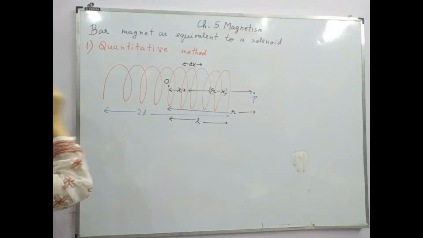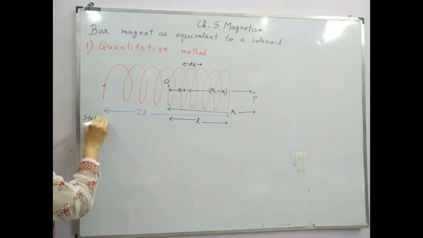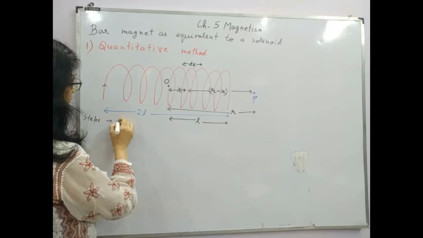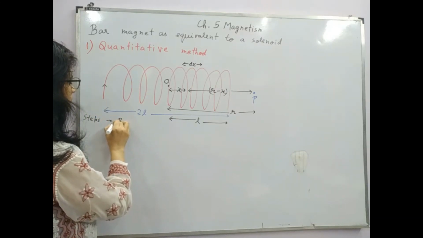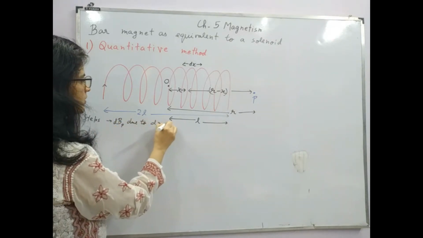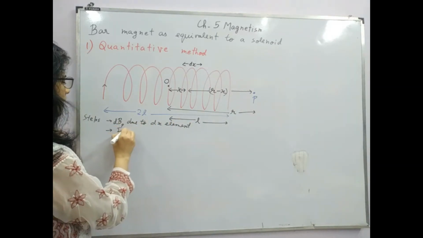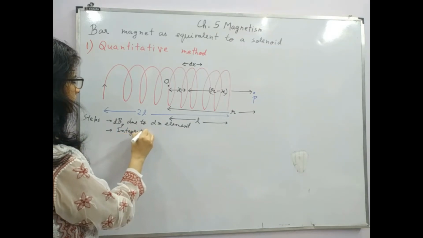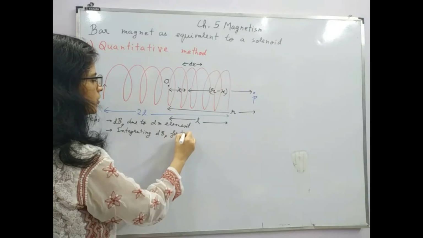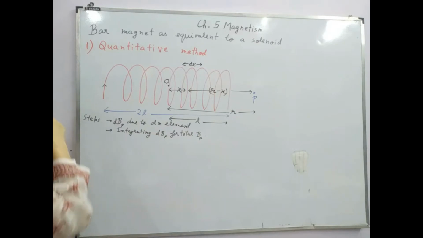So the method is, first we will find the magnetic field due to a dx element. So B due to dx element of the solenoid. Second step will be integrating dBp for total magnetic field at P, right?